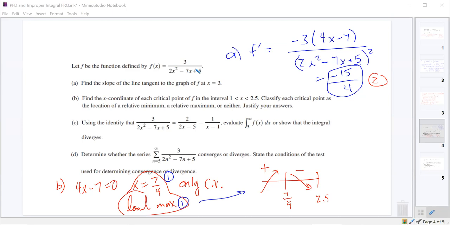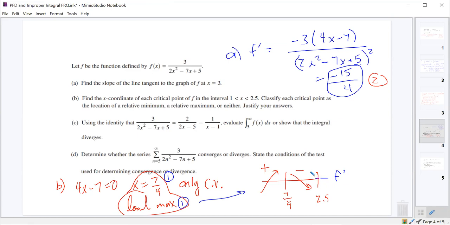Okay. And yeah, Molly, the sign chart is good enough justification there. I should put something in here like this is the sign chart for f prime, but that should be good enough. If you want to be extra good about it, you could write f prime goes from positive to negative, therefore f goes from increasing to decreasing.